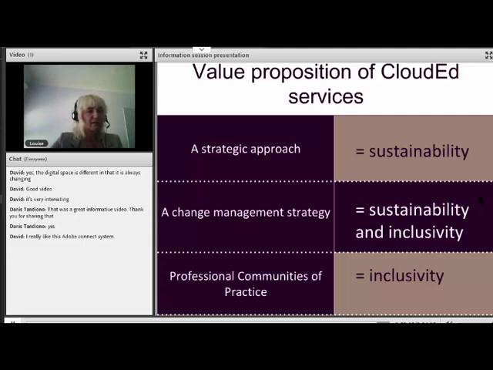And once again, the professional community of practice is inclusivity. If I go back to ADCAR and say awareness, desire, if the organisation says that the right answer is because we need digital teaching and learning, and you say that to your teachers, that doesn't always work for them. The right answer is inclusivity. That is the right answer.